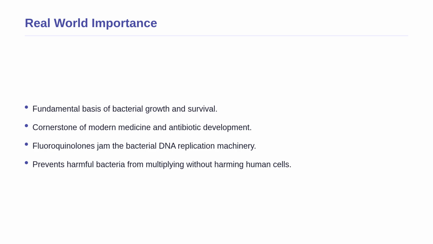Many life-saving drugs, such as fluoroquinolones, work specifically by jamming this exact bacterial DNA replication machinery. By stopping the enzymes we just learned about, these drugs prevent harmful bacteria from multiplying in your body. Because bacterial enzymes are structurally different from ours, scientists can design these drugs to target the bacteria without harming our own human cells.